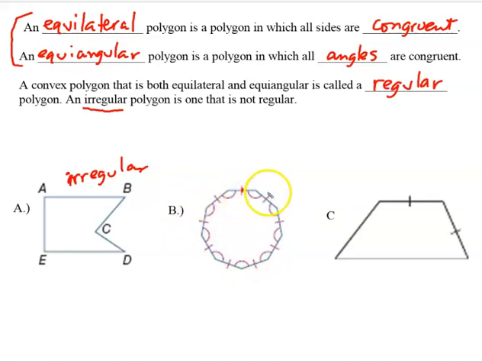This mark means that the sides are congruent, and this little curve mark means the angles are congruent, and so this would be regular. It meets all the characteristics, qualifications for a regular polygon. Letter C is convex. We touched on that a minute ago. Two of the sides are congruent, but not all of them are, so this would be irregular.